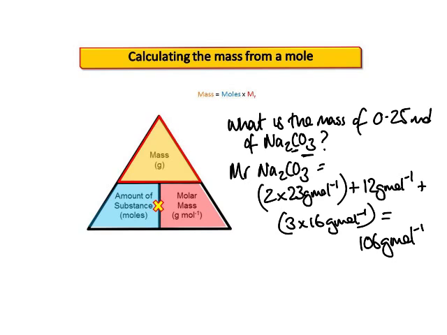And now all we need to do is input it into our equation. So we've worked out the molar mass, the Mr. We've been given in the question the amount of substance, 0.25 mole. So it's quite easy to work out the mass. Mass equals 0.25 times 106, which would give us 26.5 grams.